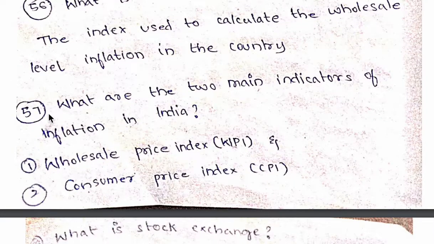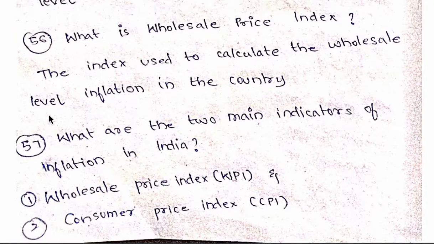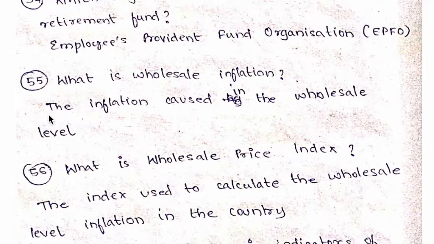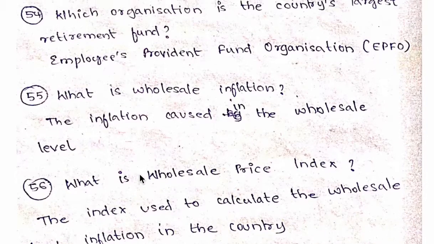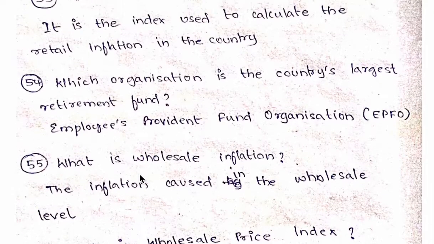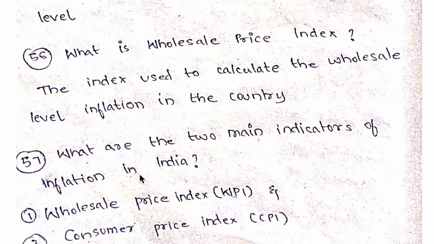So now 57th question, what are the two main indicators of inflation in India? So there are two main indicators, one is wholesale price index and the other is consumer price index. Okay, wholesale price index means the index which is used to calculate in the wholesale level, and consumer price means at the level of consumers.